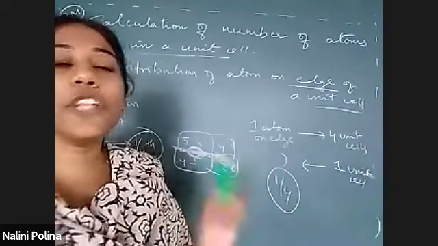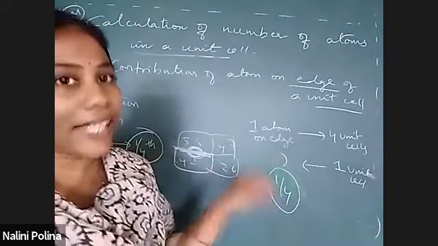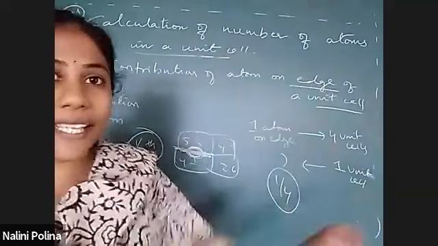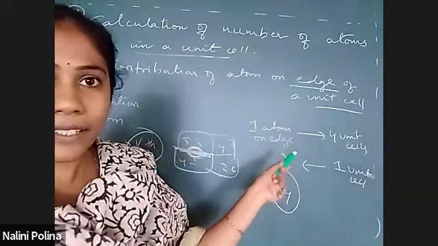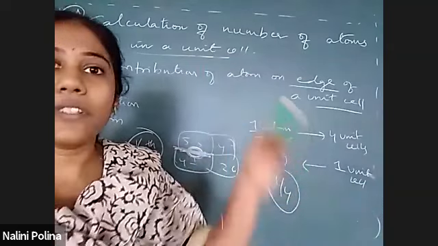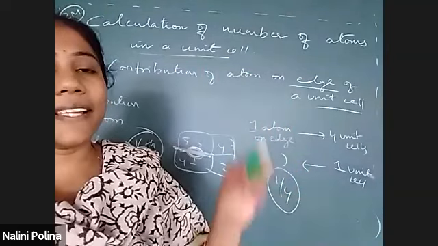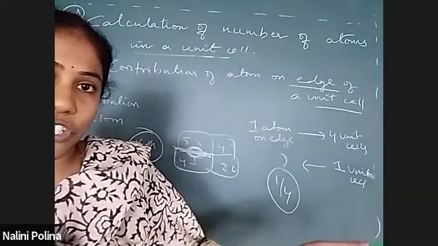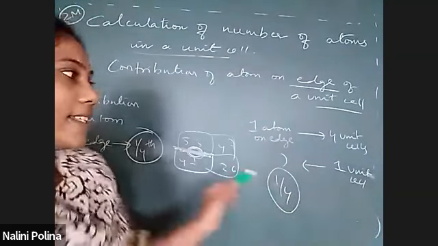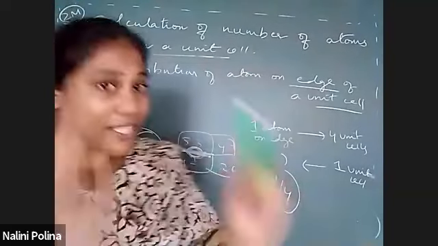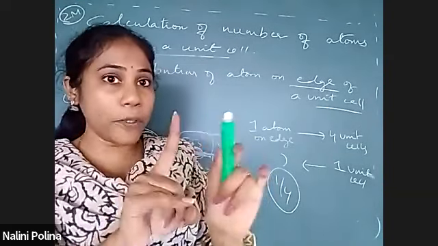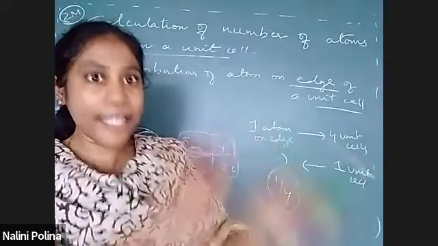And contribution of an atom present on an edge is 1/4. So 1/8 for corner, completely 1 for body, half for face, and 1/4 for edge. This is what we call contribution, their fraction that belongs to a single unit cell.